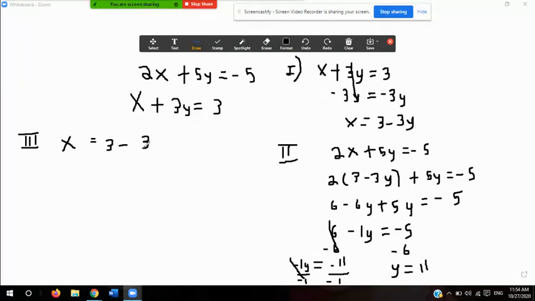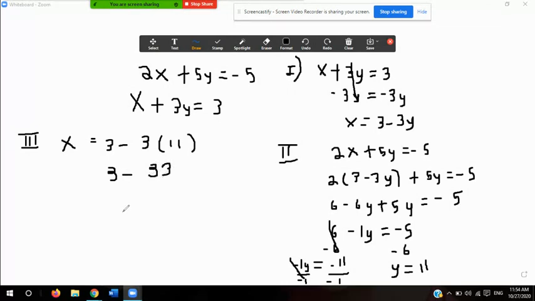So this is going to be 3 minus 33, which equals negative 30. So that means x is going to equal negative 30, and that is the value of x.